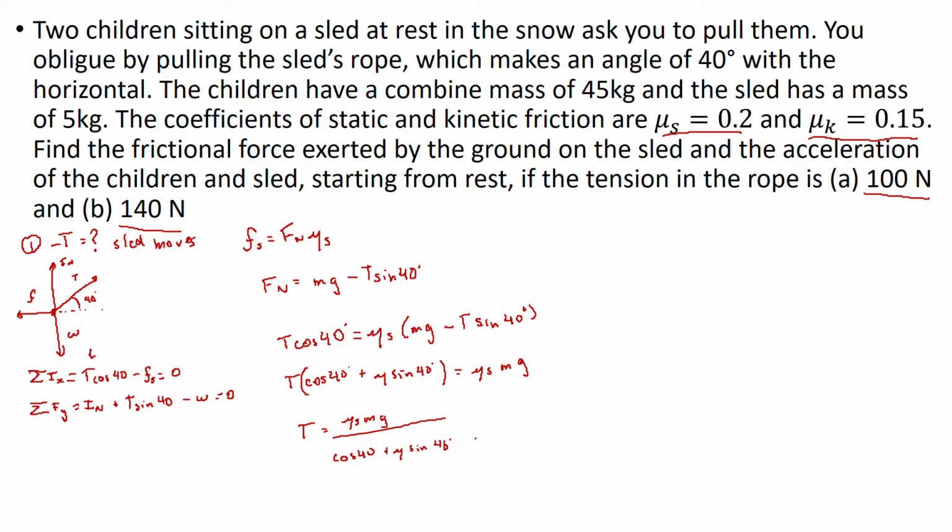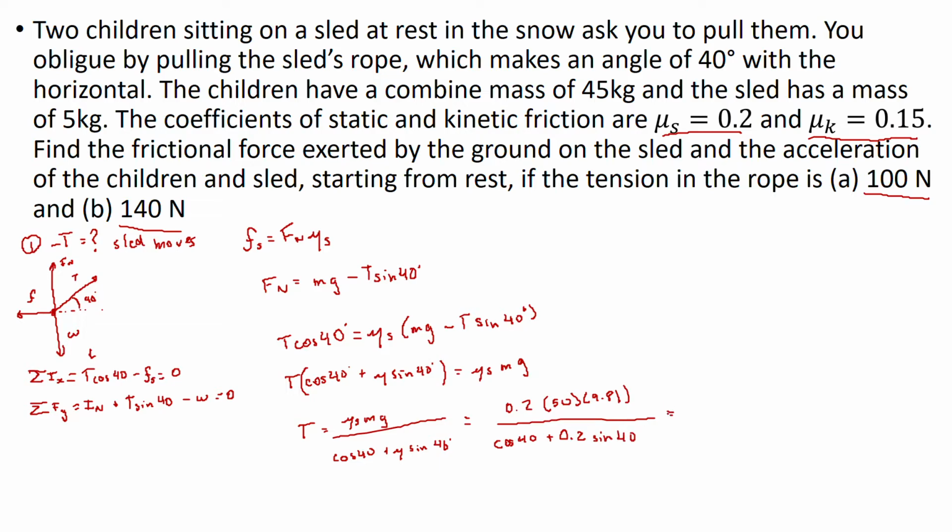If I substitute all the values in here, mu s is 0.2, the mass is 50, the gravity is 9.81, over the cosine of 40 plus 0.2 sine of 40.